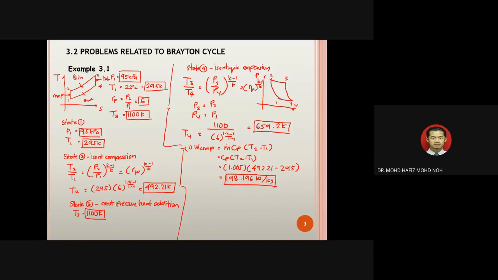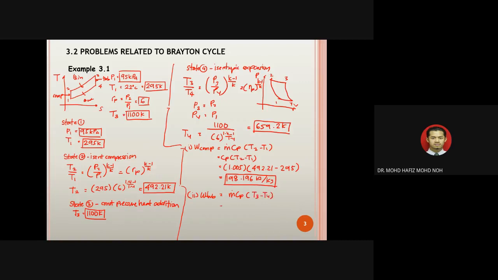Okay, clear? So that's the compressor. The second question is you need to calculate the W turbine. The W turbine occurs between state 3 and state 4. So that means the mass flow rate multiplied by Cp times (T3 minus T4).